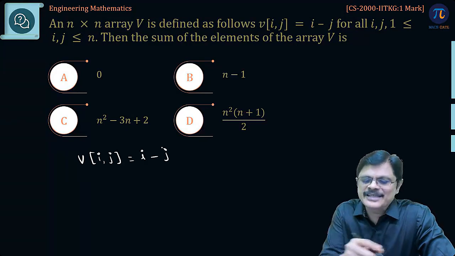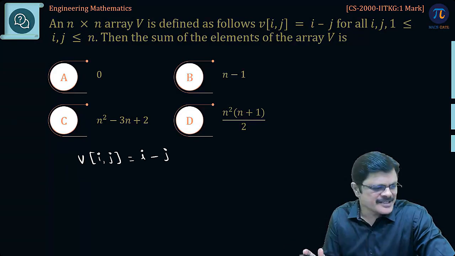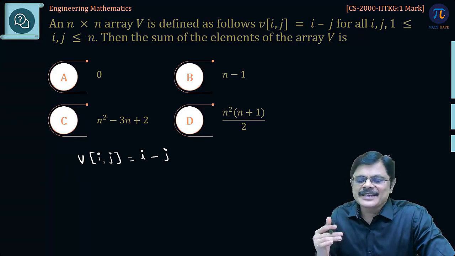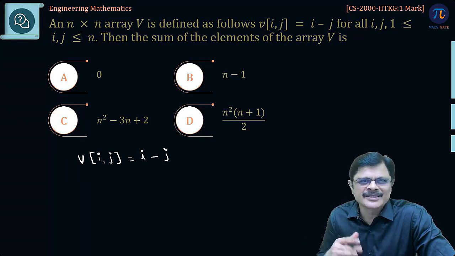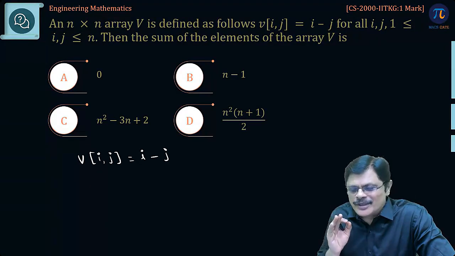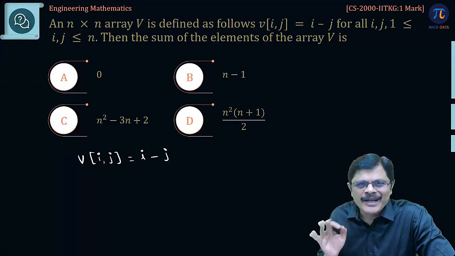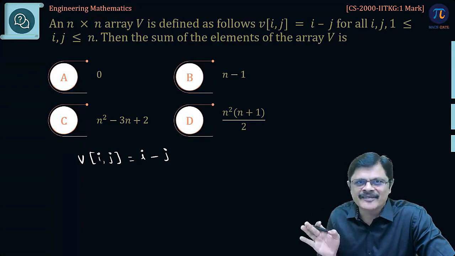See, when people see this definition, they leave this problem, my dear friends. Whenever they see definitions given in double subscript form, people directly leave those problems. But they are the very simple problems in the world. We just need to read the question carefully and understand the definition. Automatically, you will get the answer.